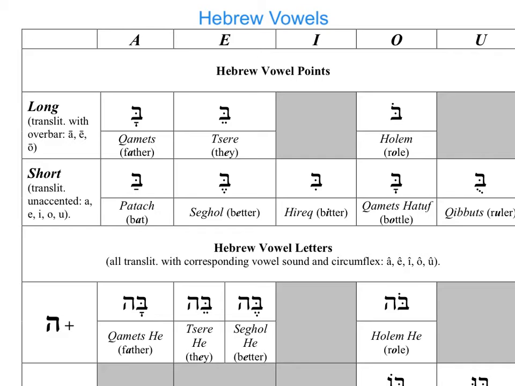Now if we move over to our O column, here we have two that might be a little more difficult to differentiate at first, but with some practice we'll get used to it. Up top we have what's called a holum. Our holum is written by this dot above and to the left of the character.